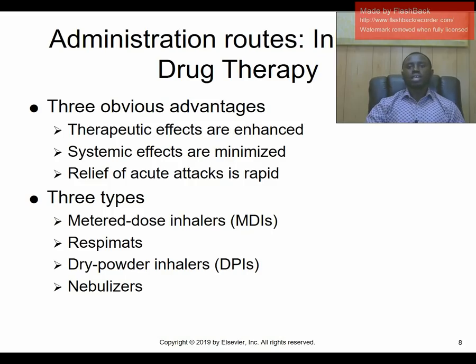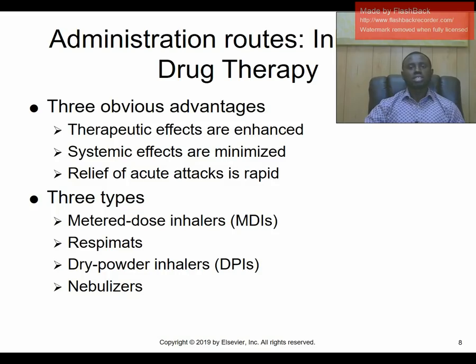This is because the inhalation route increases therapeutic effects by delivering the drug directly to its site of action. So we want the drugs to go into the respiratory tract and prevent inflammation and also to help with bronchodilation. So when we give it through inhalation, it goes directly to where we need it to be.